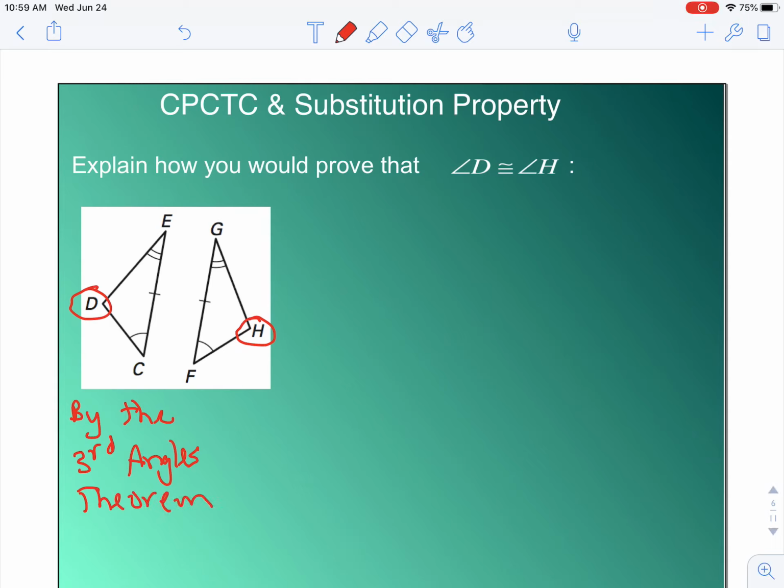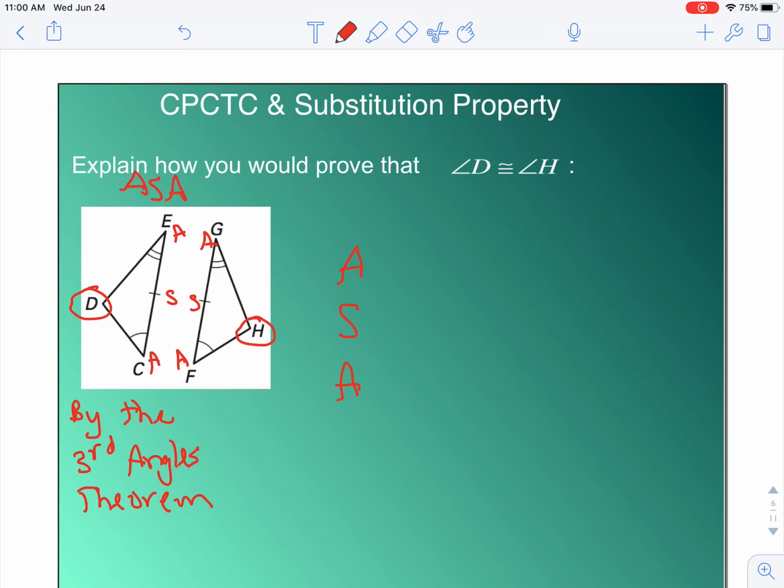But sometimes you don't remember those. So let's see if we can do it by proving the two triangles are congruent. Could we prove these two triangles are congruent? Well, what we have is angle, side, angle. We have angle, side, angle. So is angle, side, angle one of our congruence postulates?